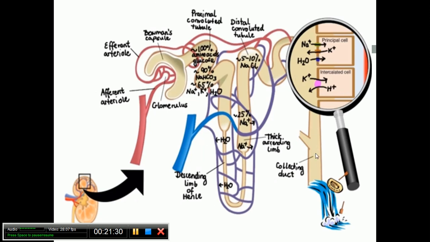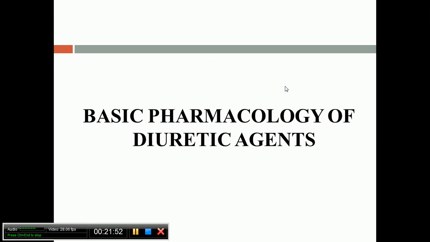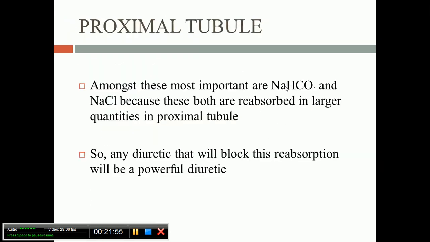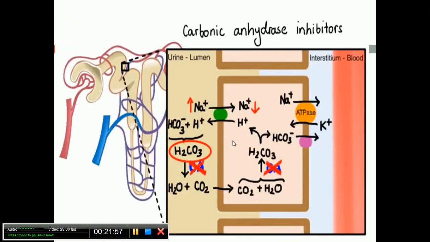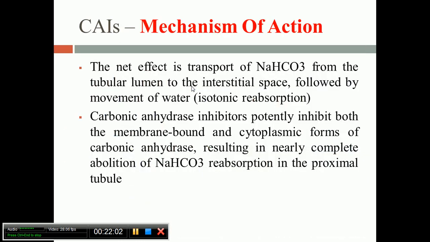If we see the wall of the nephron, the nephron has a membrane, a wall. If you magnify this one chamber here, it will look like this. The cells are like this. These cells are from the nephron wall.